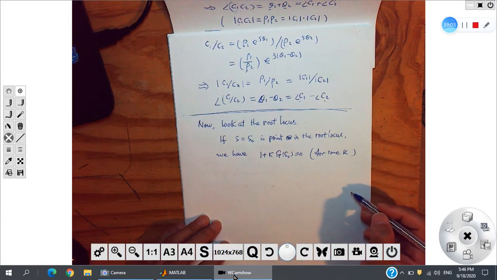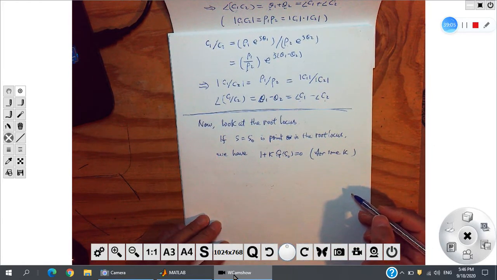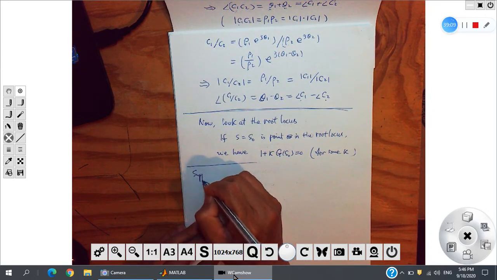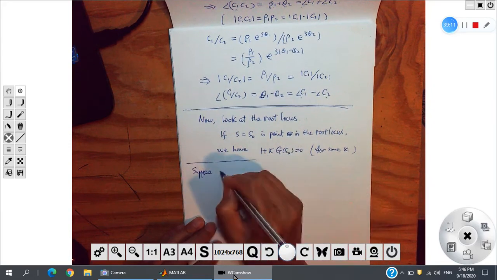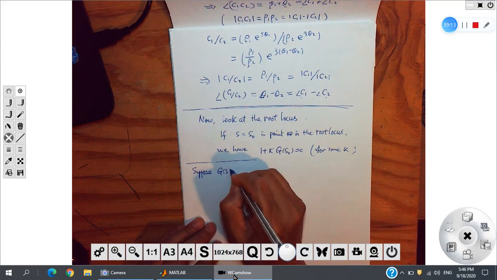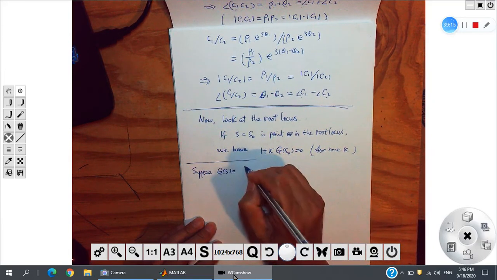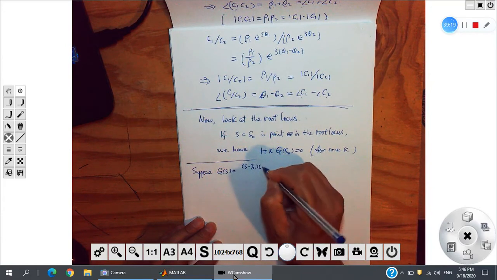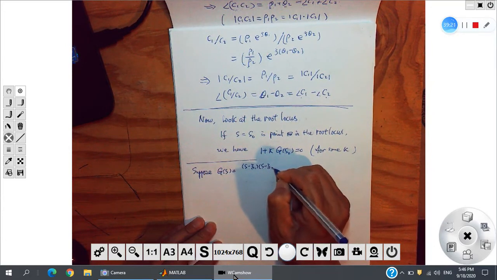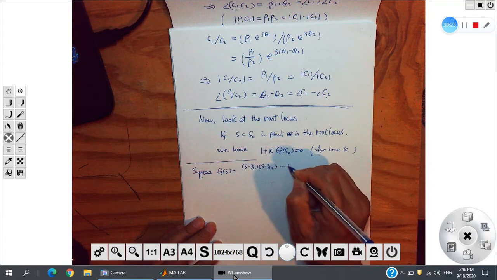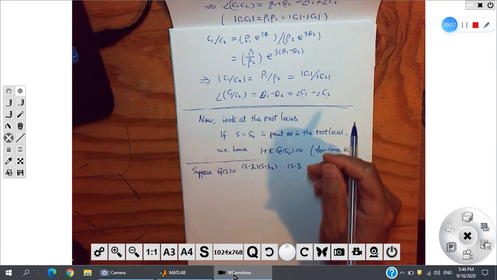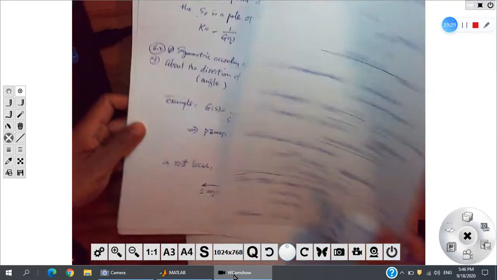And what is g? Here we need an assumption to simplify. We suppose g of s equals s minus the first zero times s minus the second zero until s minus the last zero.